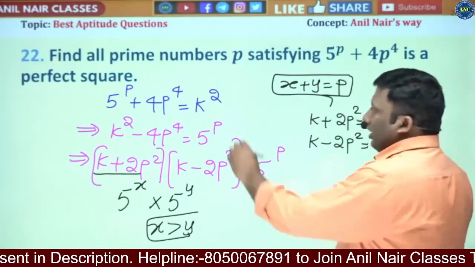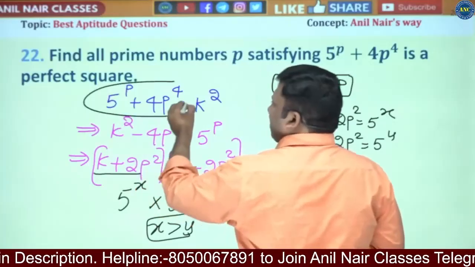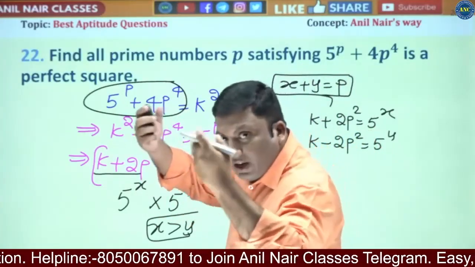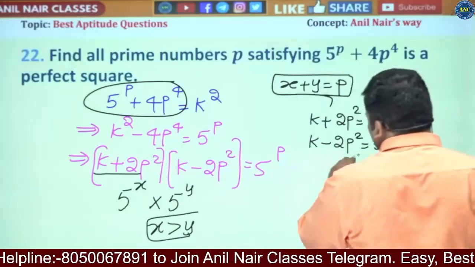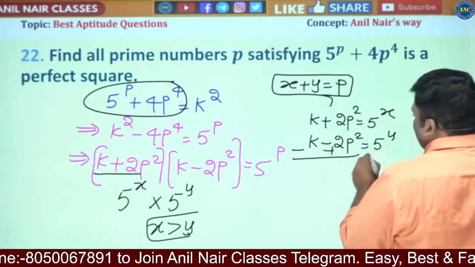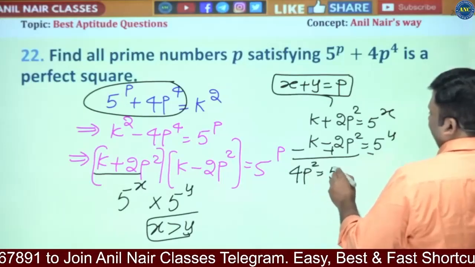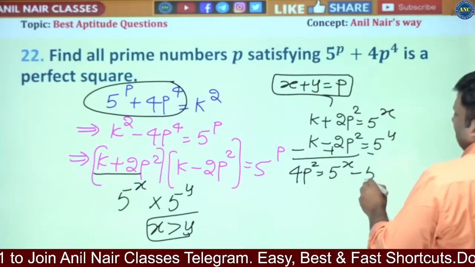What is unwanted? This k is something which is a square of a number, it can be a square of any number. So let me eliminate k.